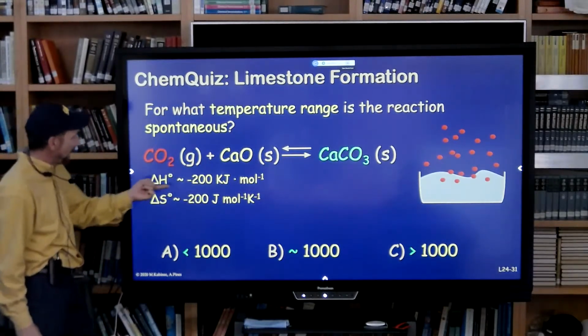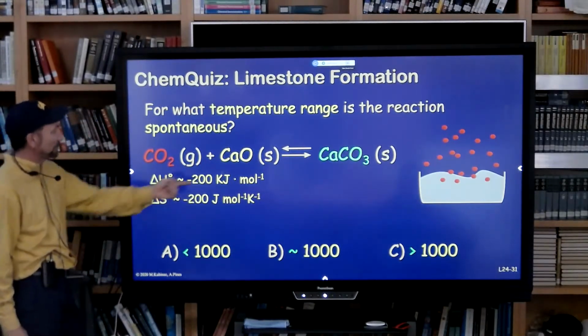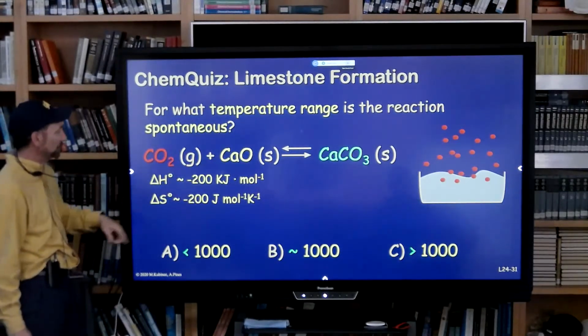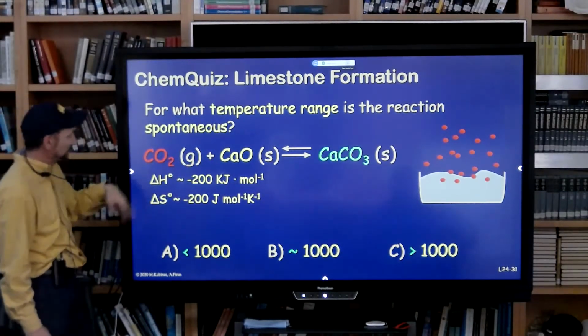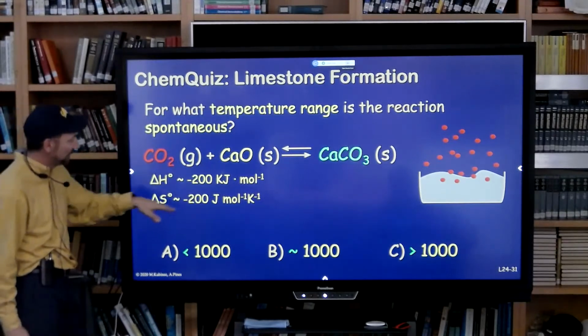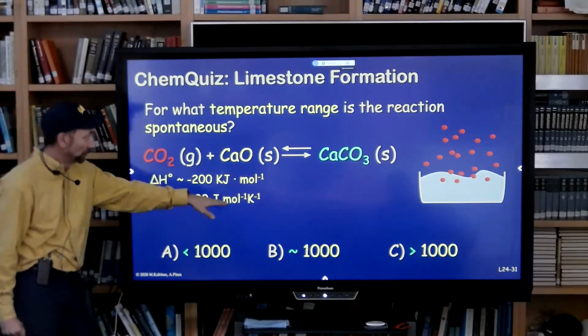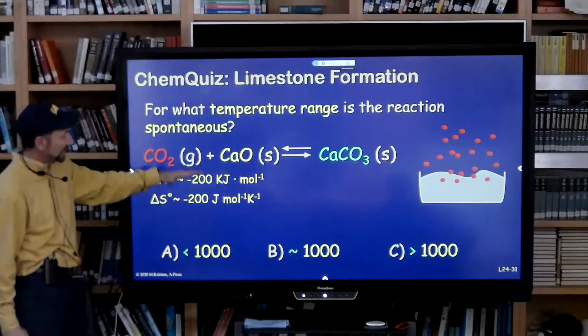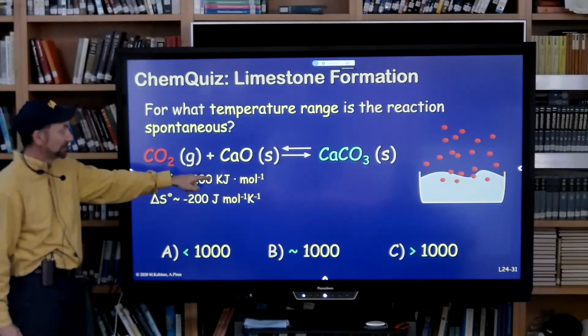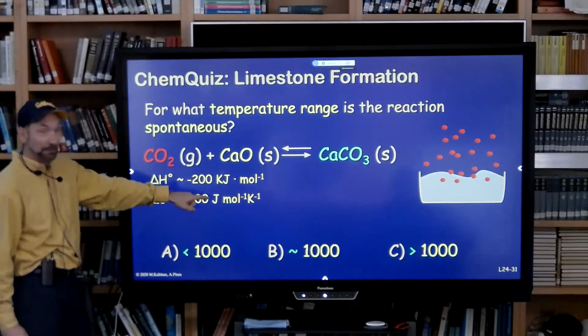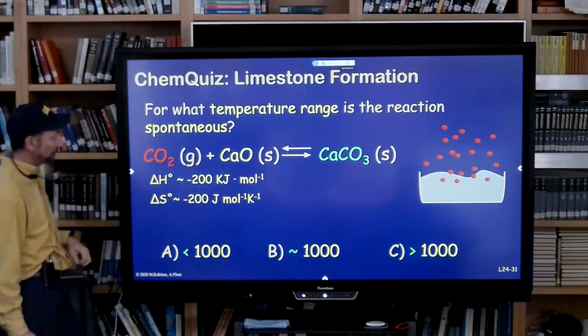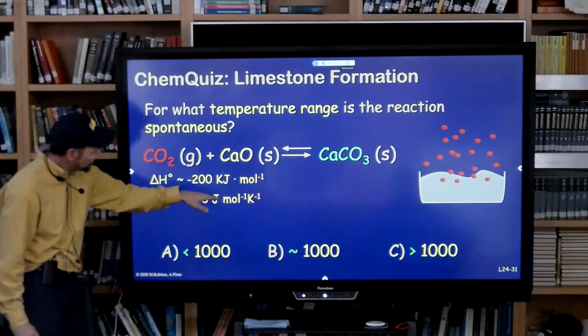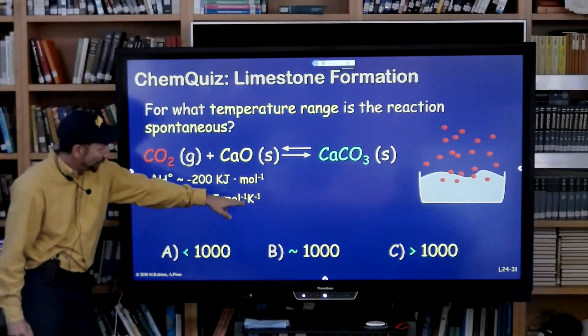The enthalpy change is around minus 200 kilojoules per mole. The entropy change, standard state entropy difference, is 200 joules per mole per Kelvin. You can see the magnitude difference: 1,000 times bigger enthalpy than entropy, because this is kilojoules, this is joules.